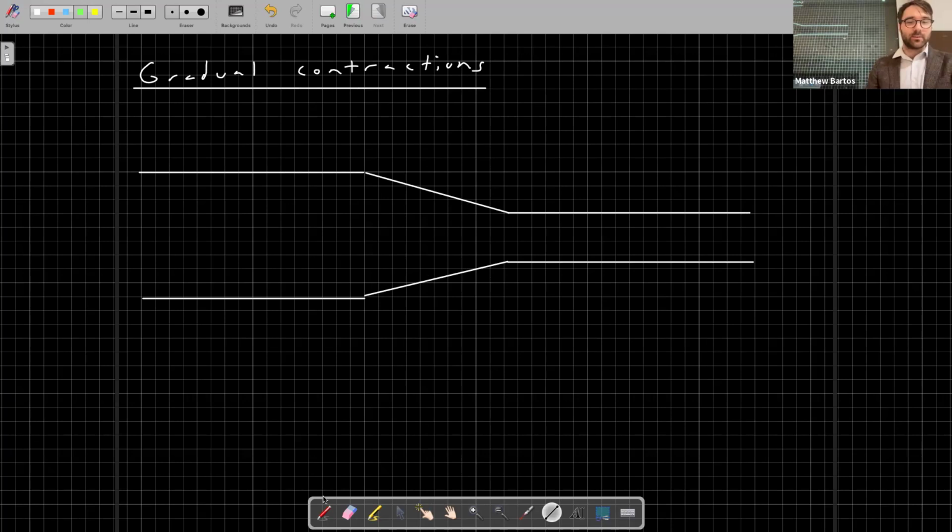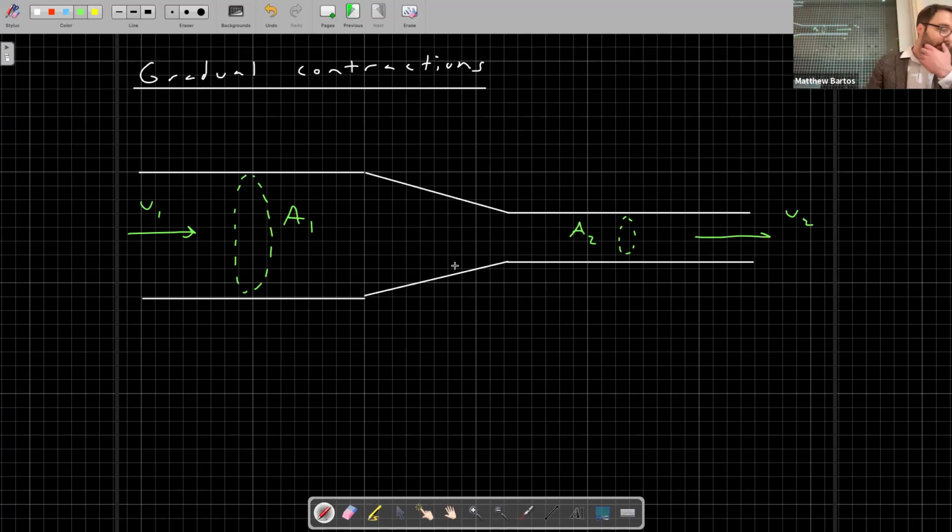So we might have a velocity at the upstream end, u1, some cross-sectional area at the upstream end, a1, cross-sectional area at the downstream end, a2, and a velocity at the downstream end, u2.